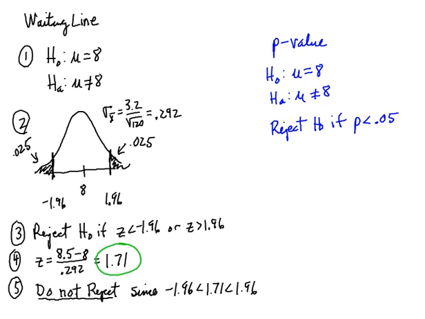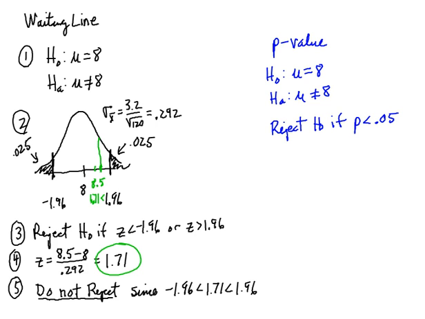which is 1.71. So 8.5 is, let's say, roughly around here. Actually a little further out than that, because its test statistic, or the number of standard deviations to the right of the center, is 1.71, and that's less than my critical value, 1.96.